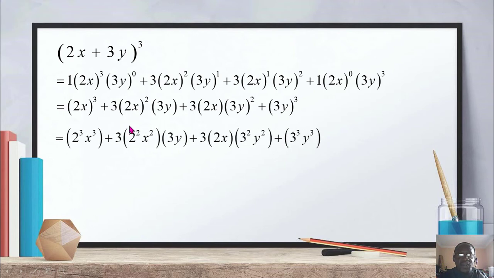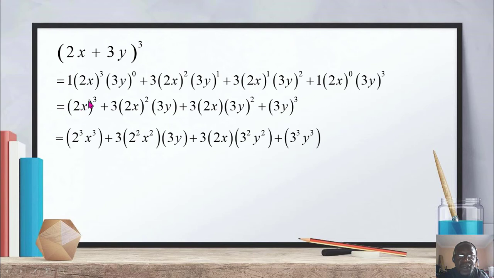Alright, next we continue applying the laws of indices. We know that according to laws of indices, if we're multiplying anything in brackets raised to a common power, it means that everything within that bracket is raised to that power.